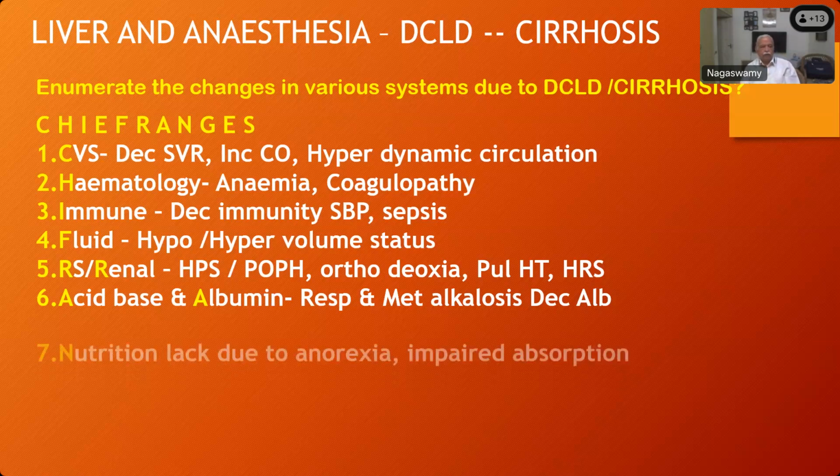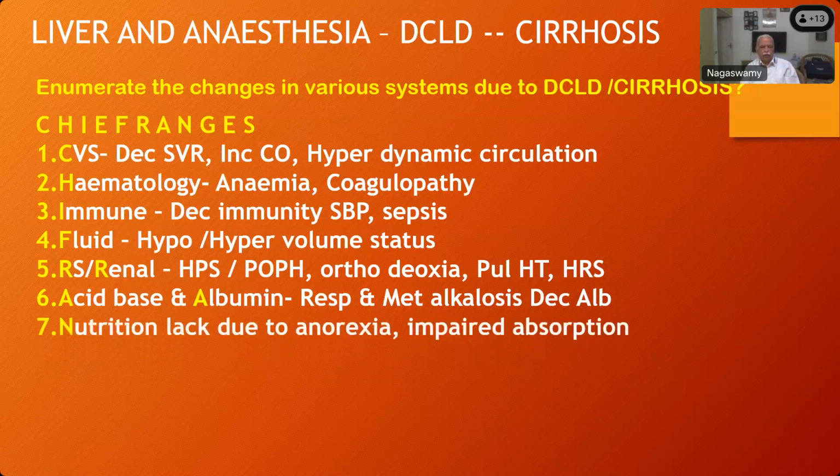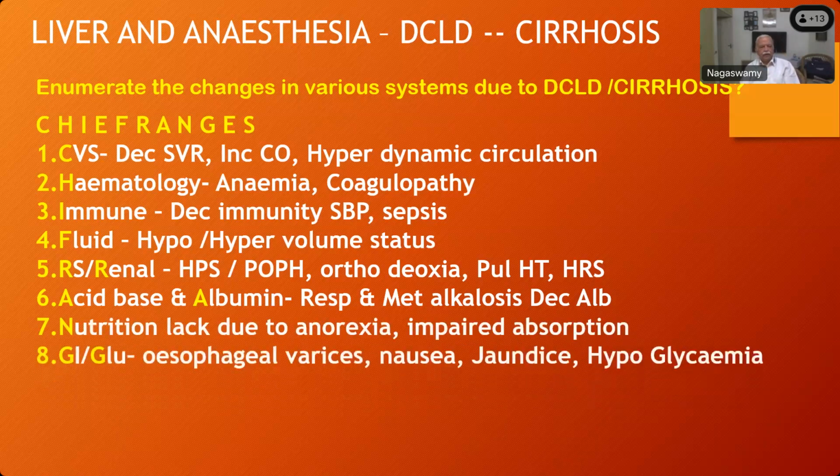Okay, so N for nutrition, lack of nutrition due to anorexia and impaired absorption. Then G stands for gastrointestinal and glucose metabolism. So in the gastrointestinal system, patient may have esophageal varices, nausea, jaundice, or we may have spells of hypoglycemia.